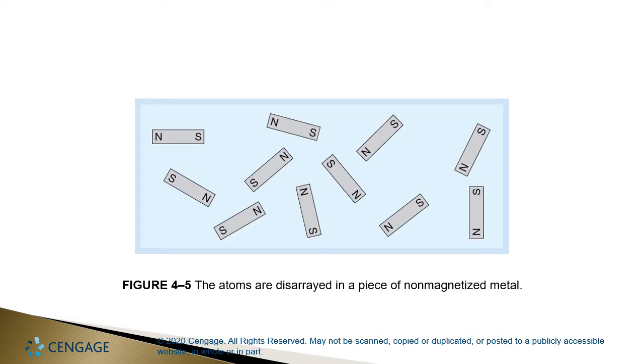So if you take a look, all material, or at least all material that can be magnetized, has a north and a south pole to it. Just about every atom or molecule has some level of polarity, but they're not all permanent magnets, and the reason why is because they're essentially all disorganized, and as a result, the various magnetic fields generated by these atoms or molecules don't align, they cancel each other out.